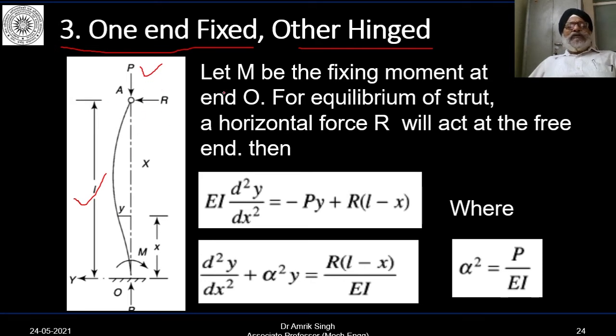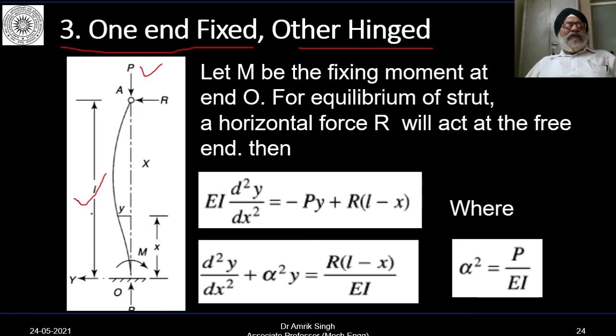So we can write the differential equation in this case: EI d2y upon dx square minus Py. If we take the moment about this point, R into (L minus x).